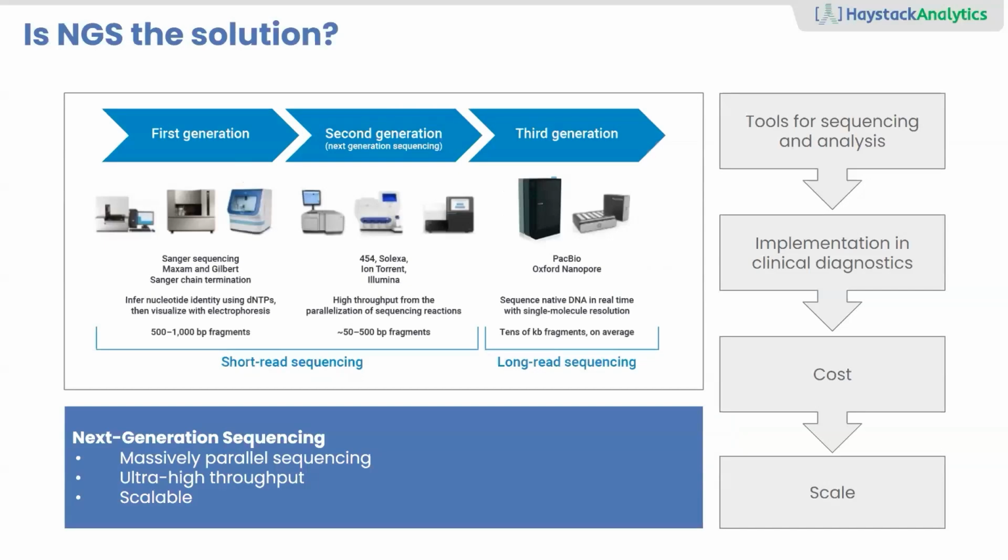Whereas the second generation is basically 50 to 500 base pair fragments. And the third generation, where we are talking about Oxford Nanopore, is long read sequencing, which sequences DNA in real time with single molecule resolution. Next generation sequencing is massively parallel sequencing, ultra high throughput and scalable. This is basically third generation sequencing. Next.